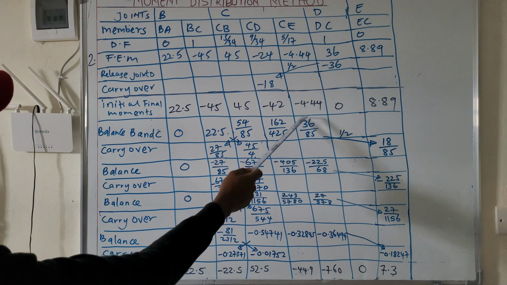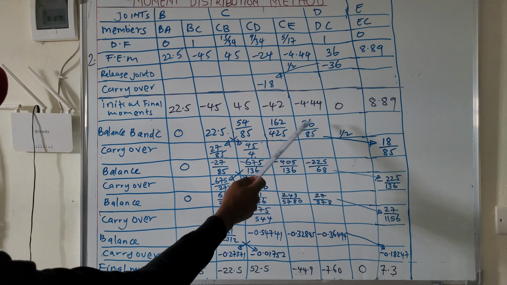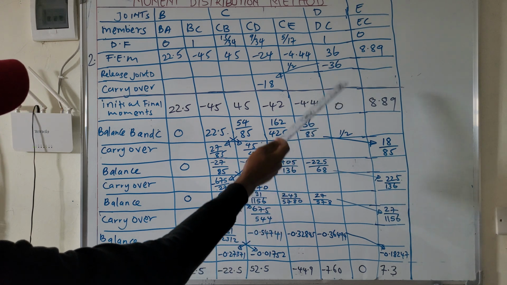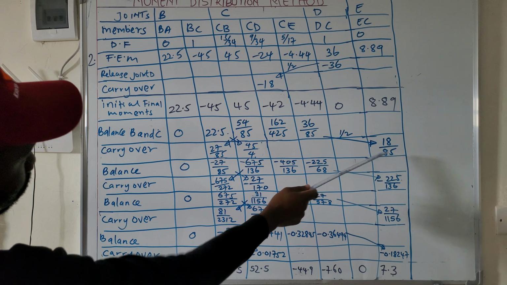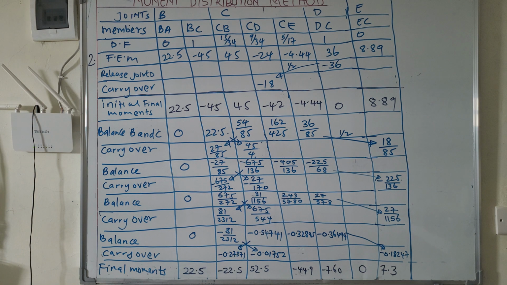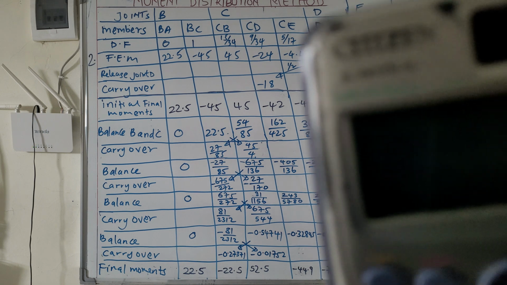CE, you will take a half of this value to the opposite member, which is EC. So you take 36 over 85, you divide by 2. The answer is 18 over 85.